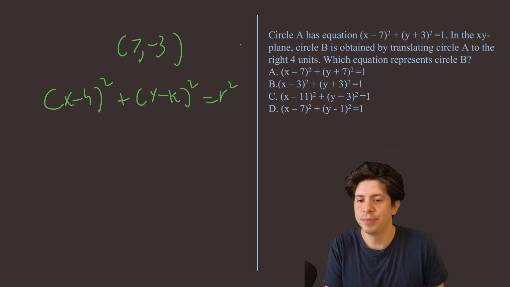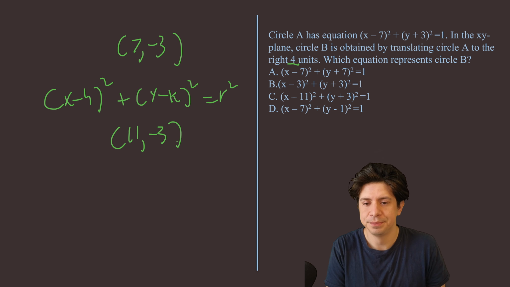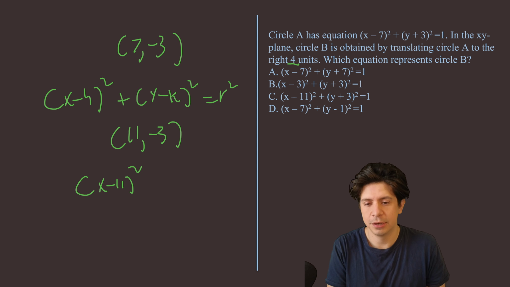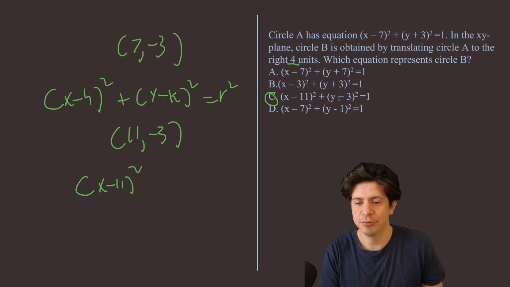Now our new point, because we're going 4 units to the right, will be (11, −3). So we have to do (x − 11)². The only one that does that is C, and it still has the right y + 3 part.